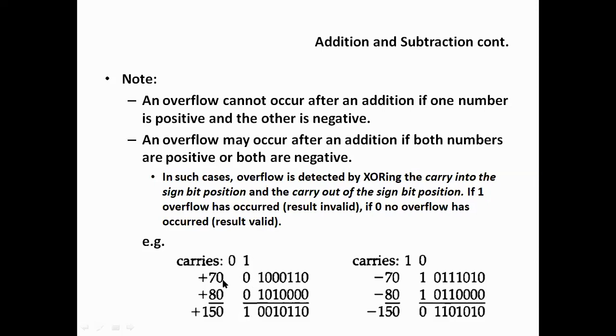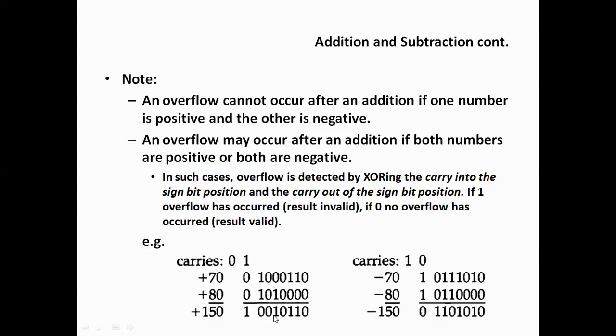We have two numbers, plus 70 and plus 80. This is the magnitude of 70, plus is represented by 0, and this is the magnitude of 80, and plus is represented by this 0. Now let us do a simple addition of these two. When we add these two numbers, we get this.